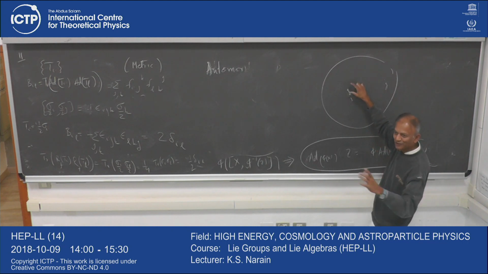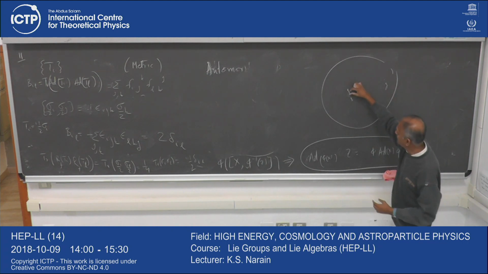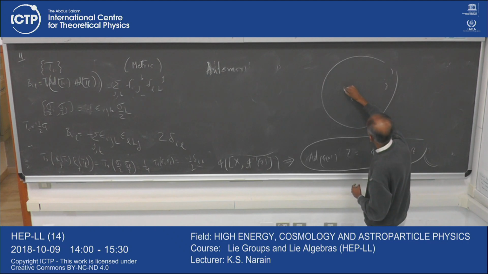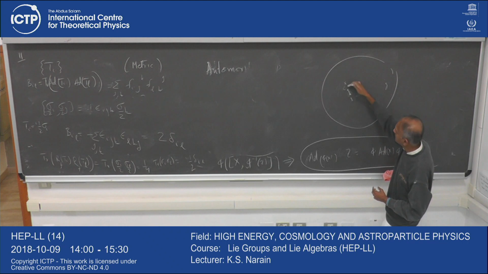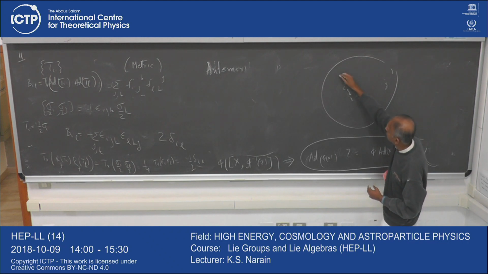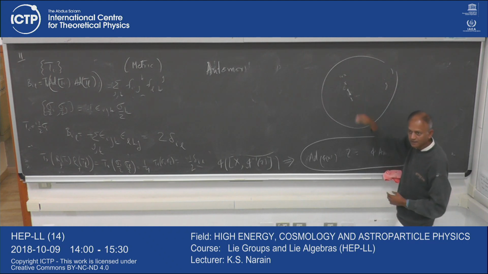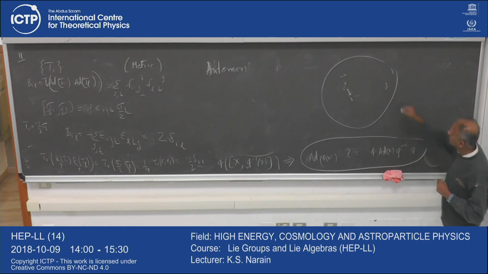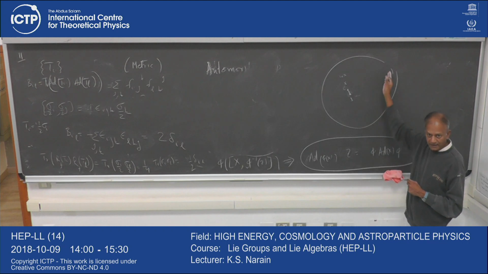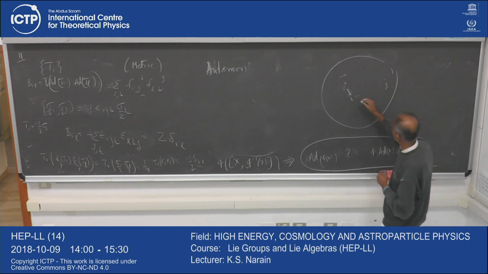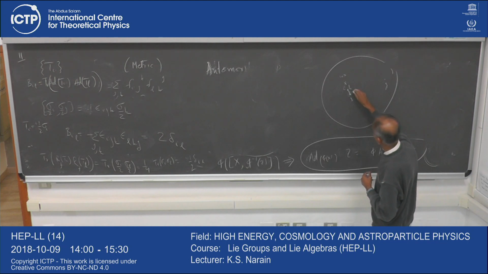I'm drawing it bigger because otherwise you will not see it, but it's supposed to be very, very near. So this is like e to the power of x, where x is very small, so I'm just going to expand it as 1 plus x, and look at the distance. Now I want to find the notion of metric far away, not near identity. It's very easy to do. So let me call this element h.